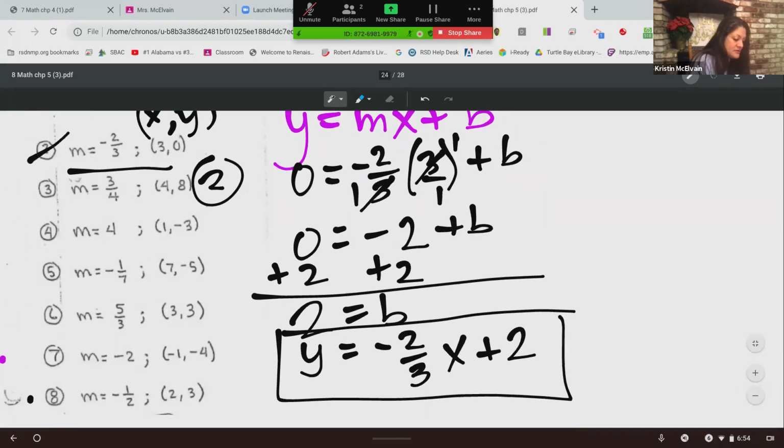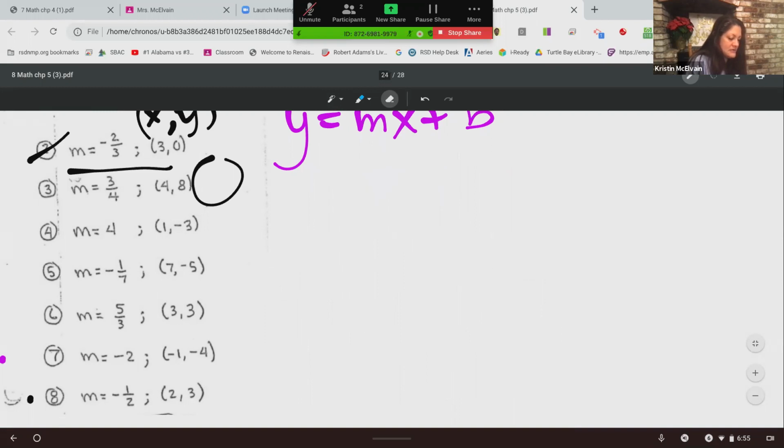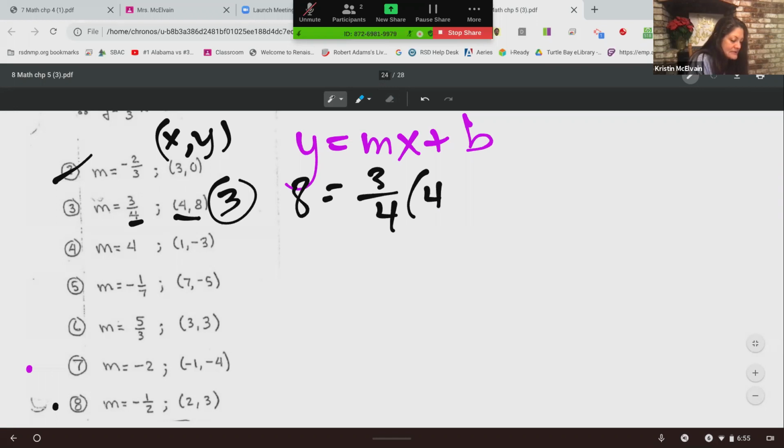Done with 2. Erase this. Now we are on number 3. Here's our x, y. So it is y equals, we have 3/4 for our slope, times x plus b.